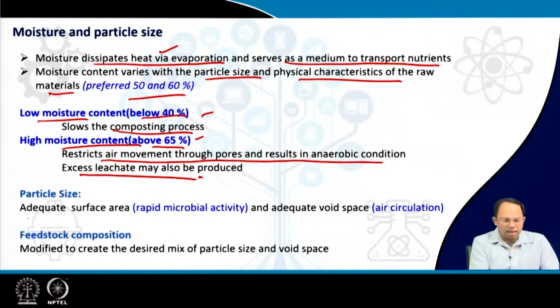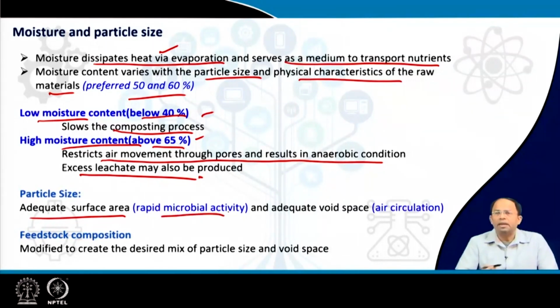Then particle size plays a big role. The bigger the particle size, the more the surface area. Of course, more microbial activity will happen on the overall surface, which will increase the decomposition rate. At the same point of time, the void space also needs to be considered. If it's very small, then it will be closely packed. There will be no air circulation.